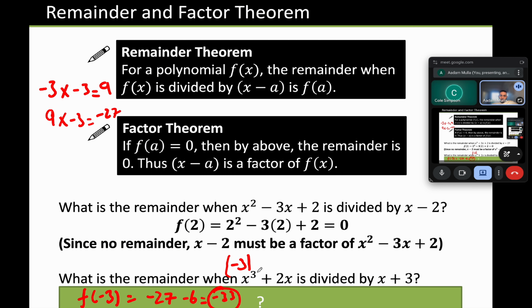So if it's an odd power, you're going to get a negative answer. If it's an even power, so if it was a 4, then it would be a positive answer. So because we got minus 33, is this a factor of this? No. Yeah, good.